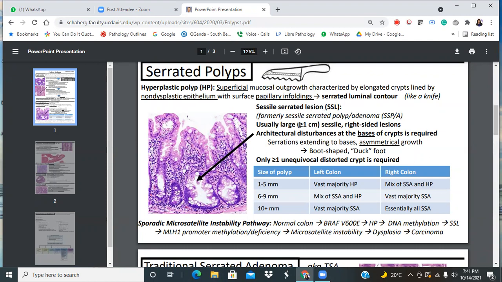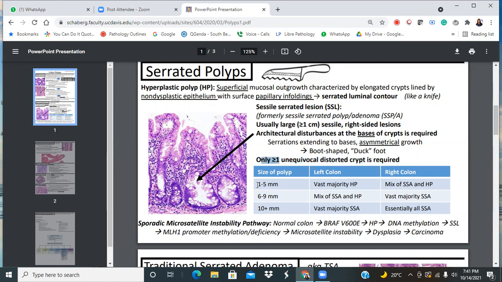Usually large, more than 1 centimeter, sessile and right-sided. Architectural disturbance at the bases of the crypts is required: serrations extending to the bases, asymmetrical growth, and boot-shaped or duck-foot crypts. Only one unequivocally distorted crypt is required. So only one is enough.